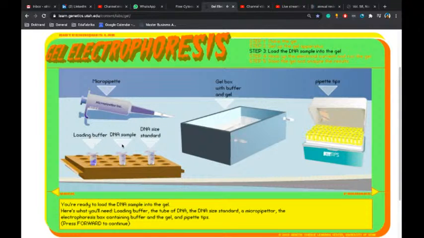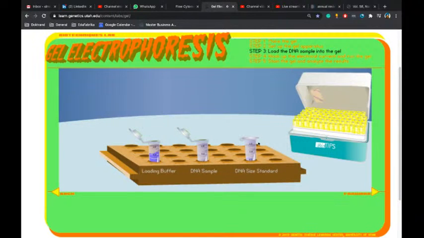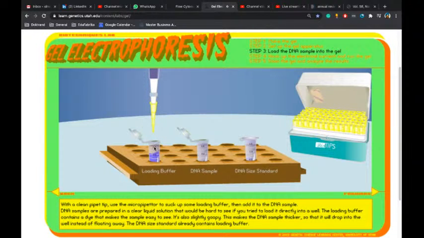So you have loading buffer, DNA sample, DNA size standard, gel box with buffer and gel, pipette box, micropipette. We use the micropipette to suck up the loading buffer and add DNA sample.